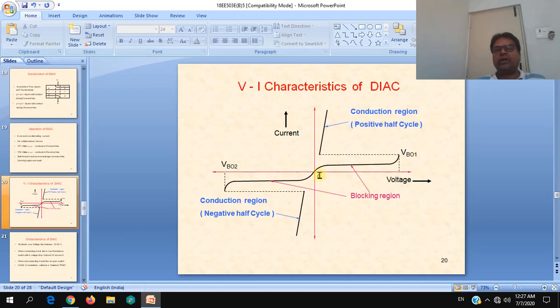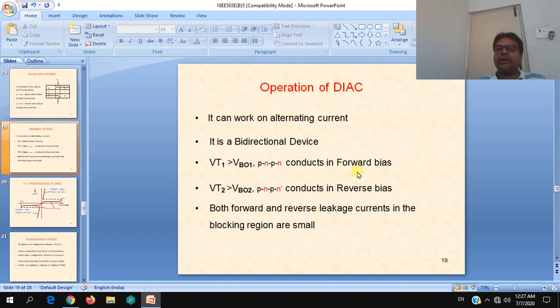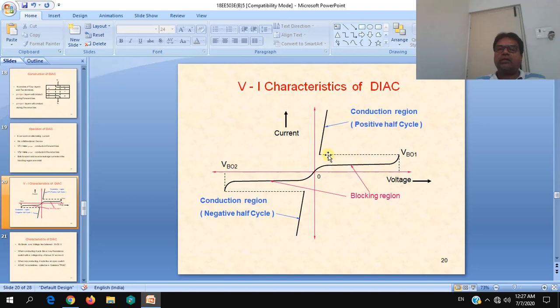When the applied voltage is increased and becomes equal to the breakover voltage, the junction J2 will break down, and the diac acts as if it were a closed switch or short circuit.